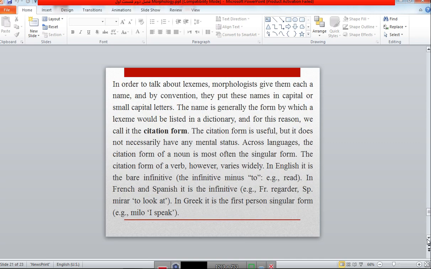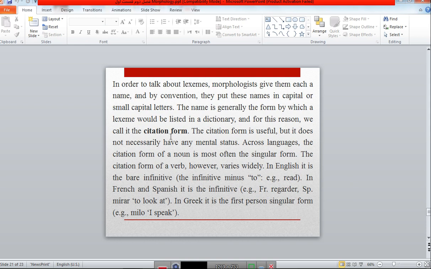In order to talk about lexemes, morphologists give each of them a name, and by convention, they put these names in capital or small capital letters. The name is generally the form by which a lexeme would be listed in a dictionary, and for this reason, we call it the citation form. This is the form which we use in a dictionary.